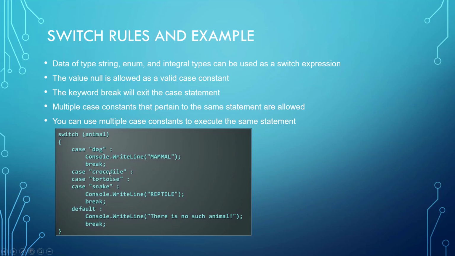So instead of repeating this particular statement for crocodile and tortoise, these three cases, it allowed for fall through. Okay, I hope that makes sense. We're going to get to the code here in just a second, and it'll definitely make more sense as we continue on with the application that we've been writing.